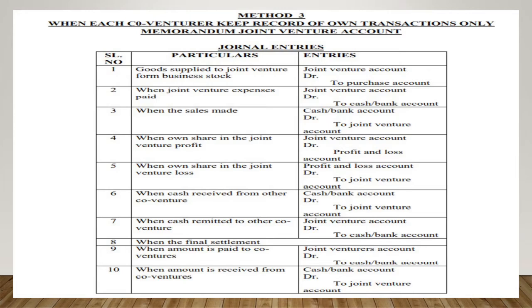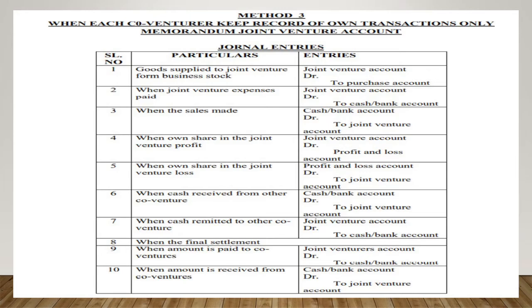And when the profit shared: joint venture to profit and loss account. When own share in the joint venture loss, then P&L account debit to joint venture account. In case of loss, when cash received from joint venture: cash to joint venture account.